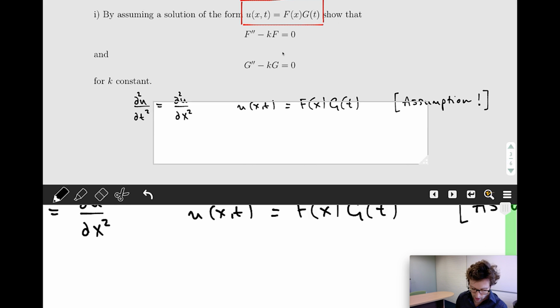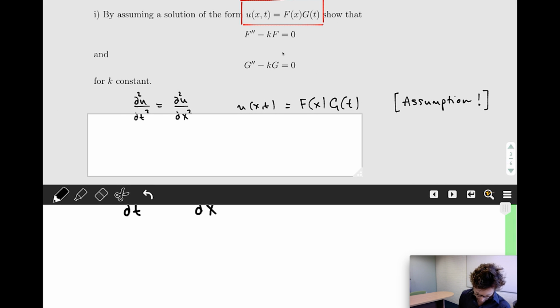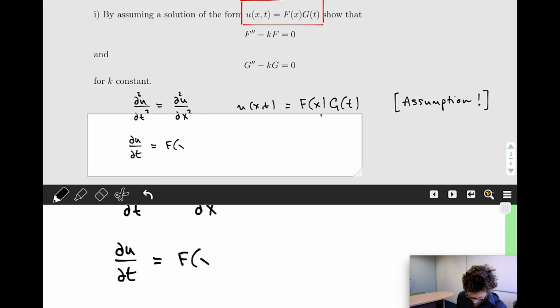Okay, so let's see what the consequences of that assumption are. What does it imply? Well, we're going to have to ask what happens to the partial derivatives. So du dt is going to be the partial derivative of f times g. But you notice here, f is a function of x only, so it's not affected by that partial derivative.